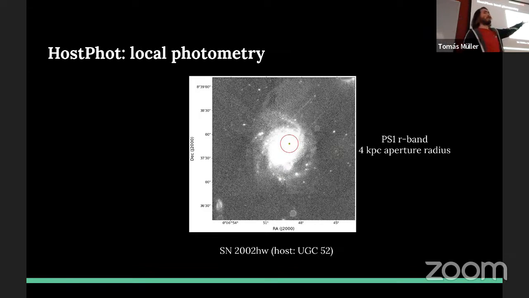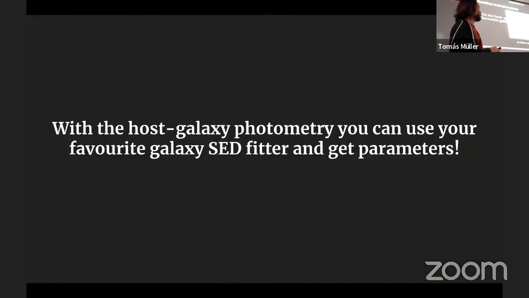Here I'm assuming a physical radius for the aperture, because we essentially want to use the same aperture for all supernovae, otherwise we will not be tracking the same neighborhood around where the supernova exploded. Of course, this changes as a function of redshift. And then you use your favorite galaxy SED fitting code to obtain your properties and do whatever you want.